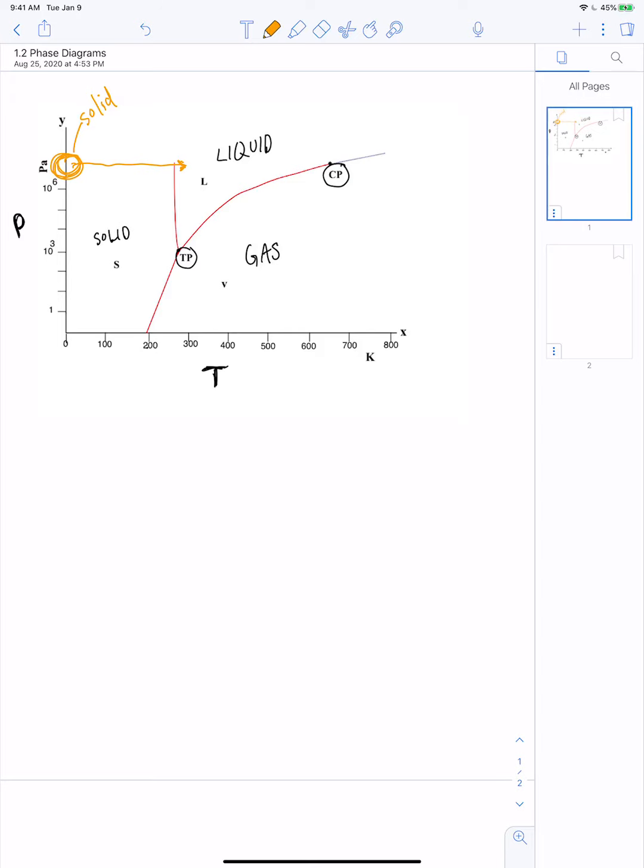So now I'm crossing over this phase transition line, and I can say, okay, what temperature does that phase transition take place at? It takes place around right here at 250 Kelvin. So if I'm at some pressure, 10 to the 6 pascals or something like that, and I increase the temperature to right around 250 Kelvin, this is definitely not water.